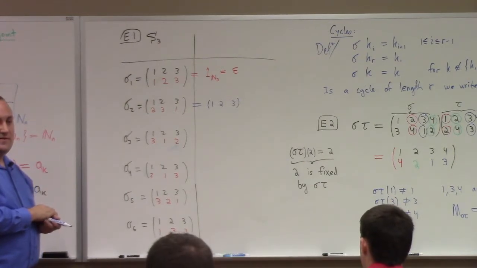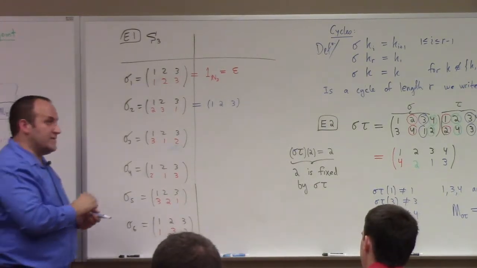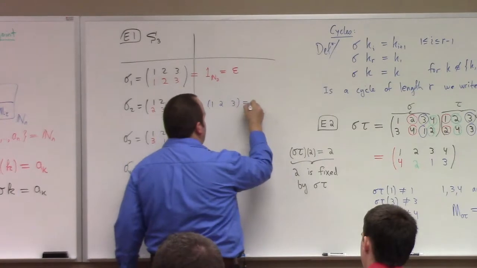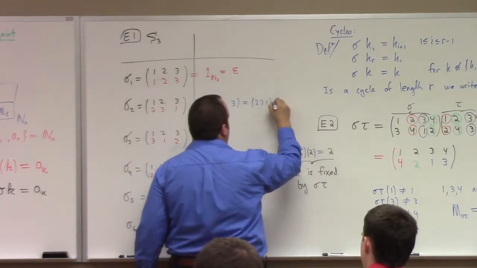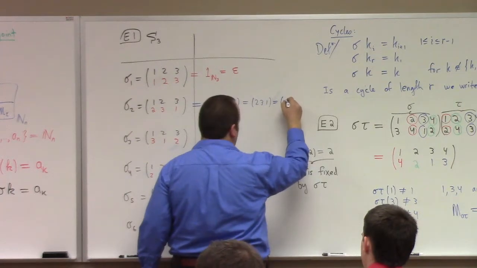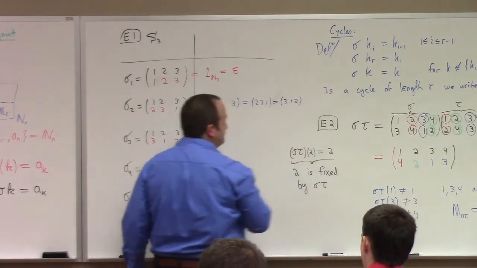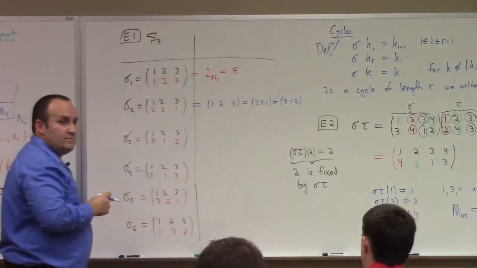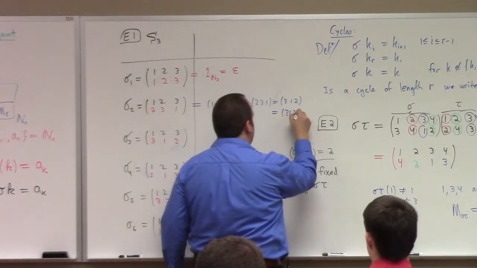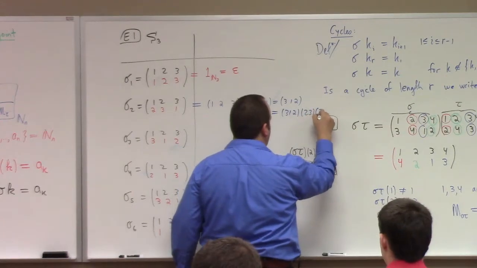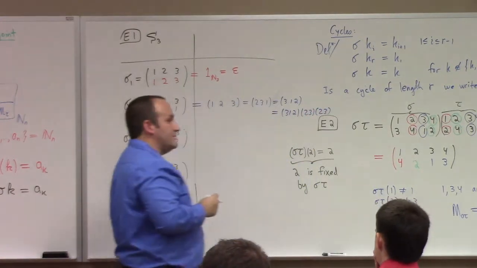The annoying thing about cycle notation is it's a little bit ambiguous. This could also be written (2 3 1), and you know what? It could also be written (3 1 2). Let's get nuts. You could also write it with extra transposition pairs, but that's just dumb.